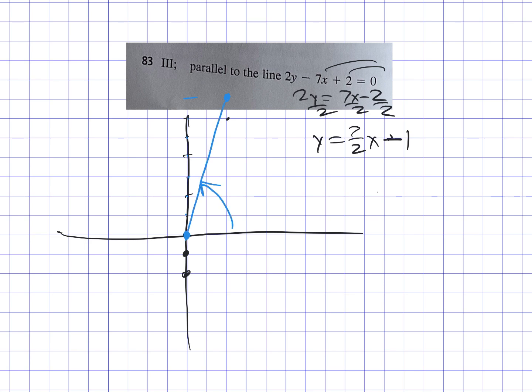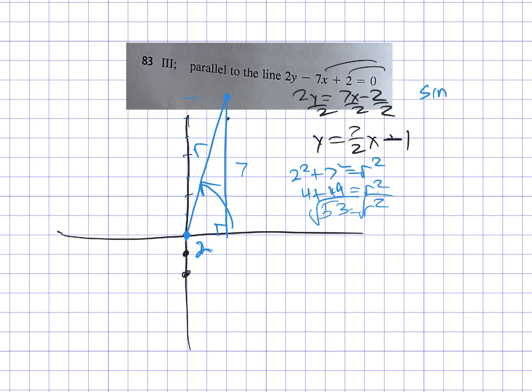Boom. All right, so what do we really have here for our triangle? It's up 7, and it's over 2. So what's r? 2 squared plus 7 squared equals r squared. 4 plus 49 is r squared. 53 equals r squared, so the square root of 53.